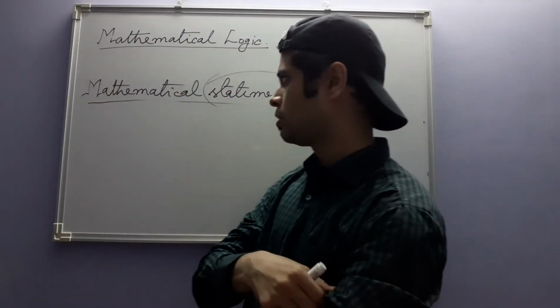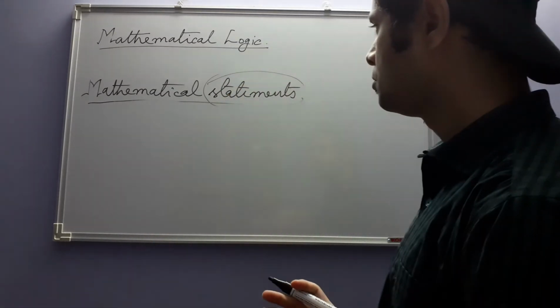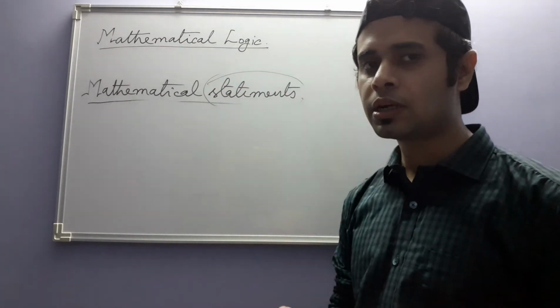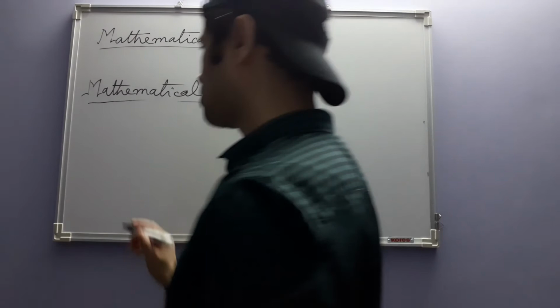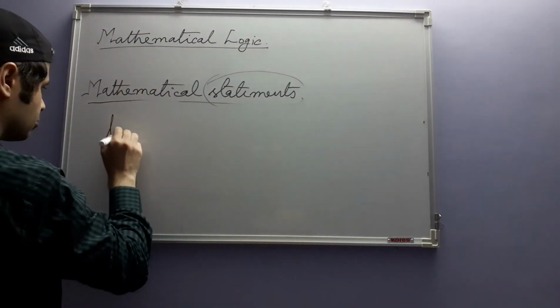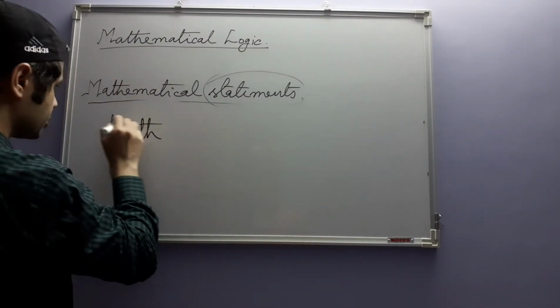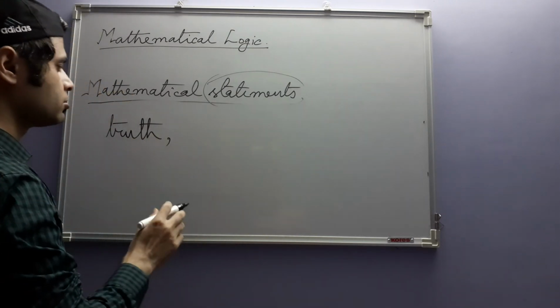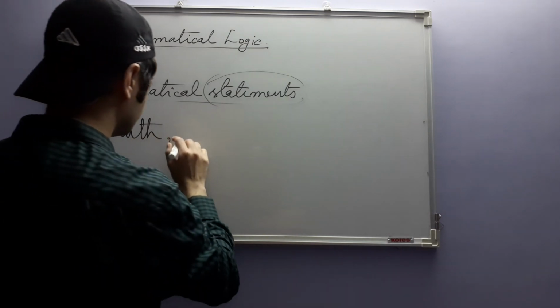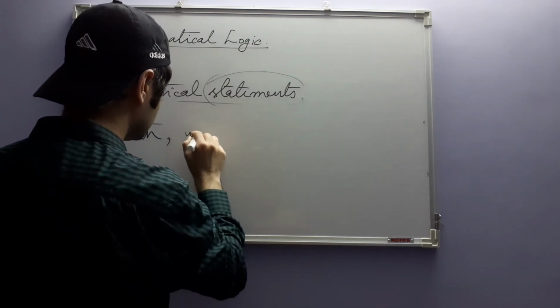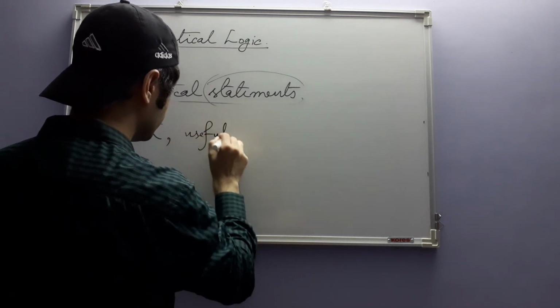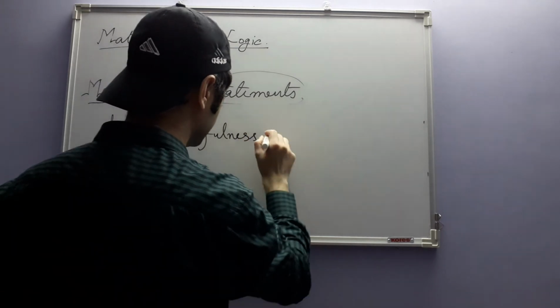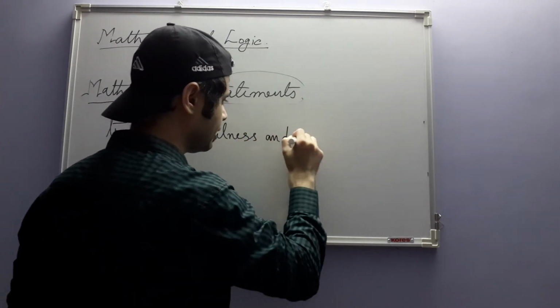In mathematical logic or in mathematics, we are only concerned about truth or falsity. Actually, we are concerned about truth, and we are not concerned or less concerned about usefulness and efficiency.